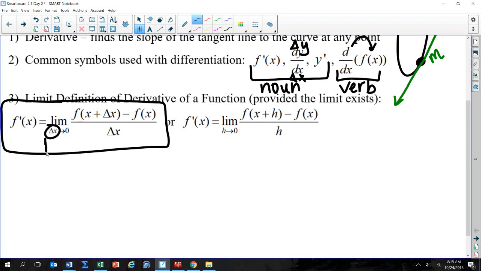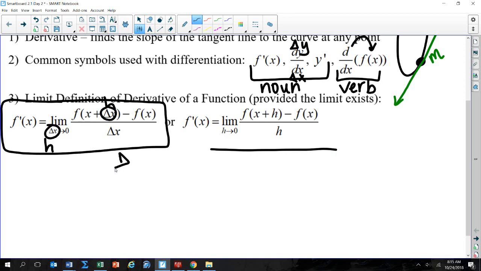If you want to write that delta x is h instead, you can. It's the same thing, it's just calling delta x h, so you don't have to write delta x every time. Everywhere we saw delta x before, they're replacing it with h, just because some people are more comfortable with that. So you just choose whatever you're most comfortable with.